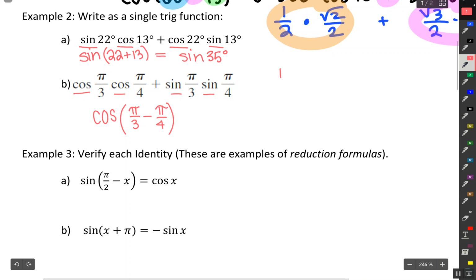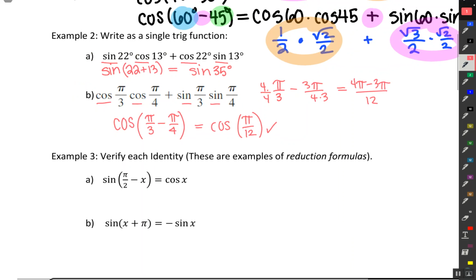So let's just get a common denominator of 12. And we're going to get 4 pi minus 3 pi over 12, which is 1 pi over 12, or pi over 12. Okay, so this is cosine of pi over 12.